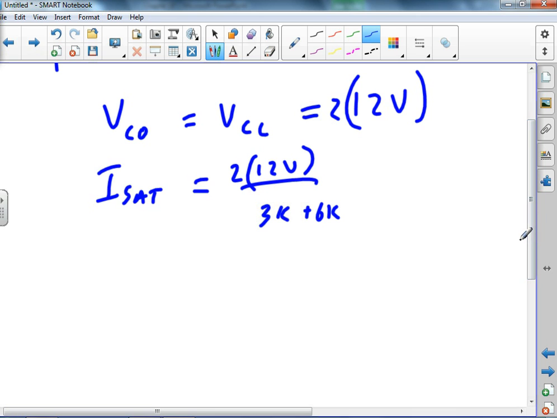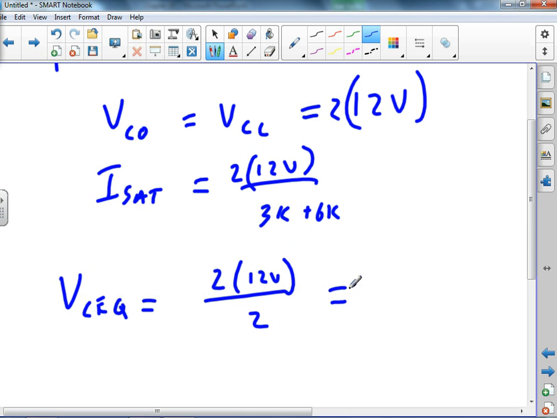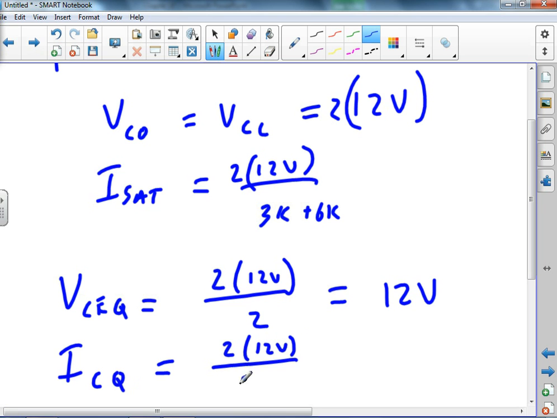Okay, so that being the case, the voltage collector to emitter at the Q point is going to be 2 times 12 divided by 2, also known as 12 volts. The current at the collector for the Q point is going to be 2 times 12 volts divided by 9K divided by 2.